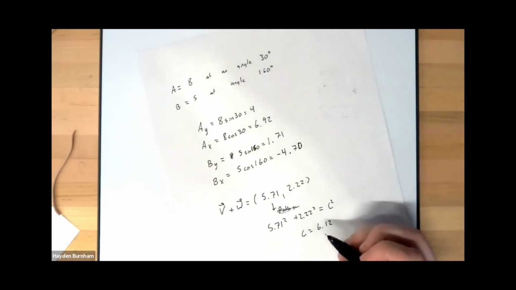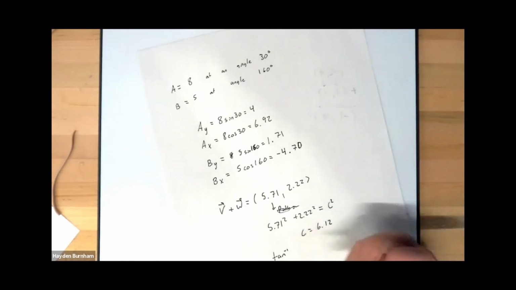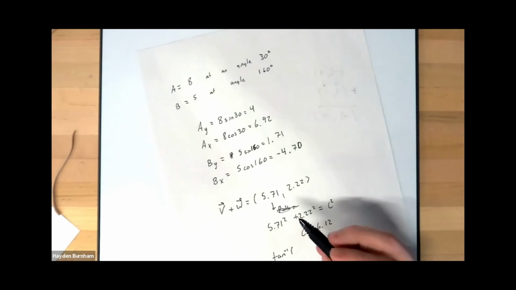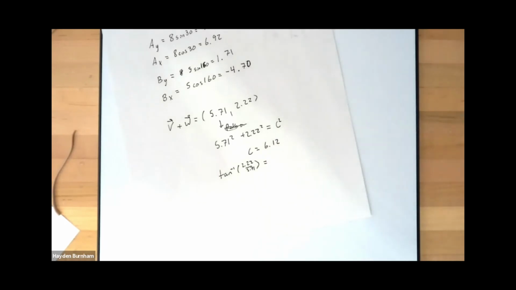Okay. And then to find the angle, you would just do the tangent inverse of the y length over the x length, because we're doing opposite over adjacent. So that would be 2.22 over 5.7. Can you scoot up the paper a little bit, please? Sorry.